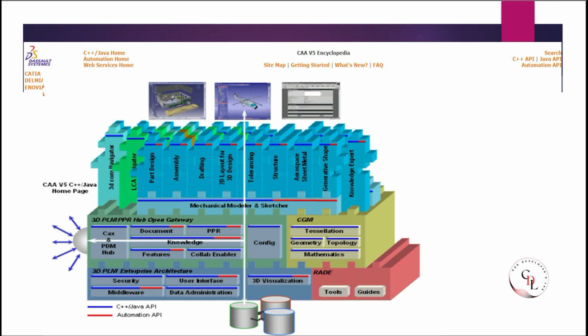From the right bottom you see guides, tools, 3D visualization, user interface, data administration, security, middleware. Here GSM and tessellation, geometry, topology, mathematics. So you have to go through this documentation and read it carefully. Everything is explained very well, and we can develop with the help of that documentation.